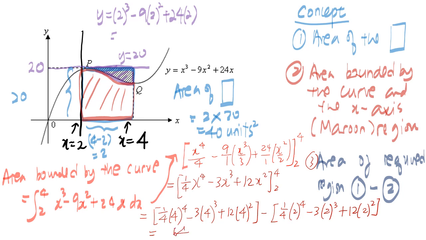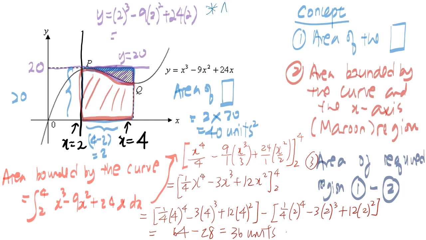64 minus 28, that gives you 36. Alright, so therefore I'm going to write it here.